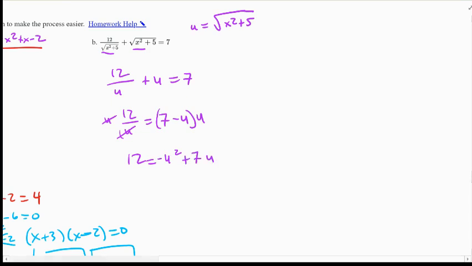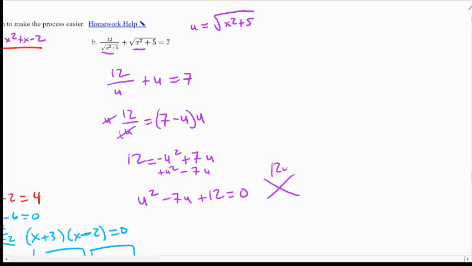And then I'm going to move everything to one side to go ahead and make it a quadratic. So I'm going to add u squared and subtract 7u, and I get u squared minus 7u plus 12 equals 0. And now I'm going to diamond and box that.